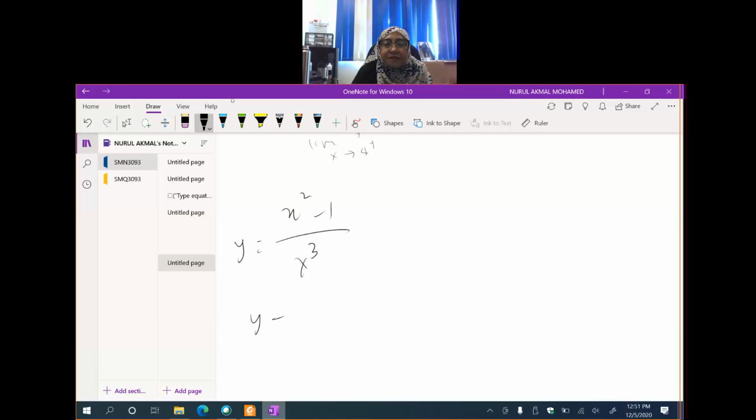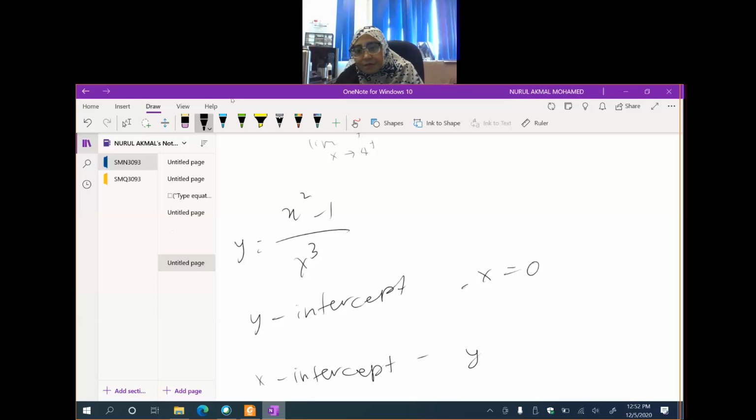Okay, can you please check for the y-intercept? The y-intercept is when x is equal to 0. The x-intercept is when y is equal to 0.